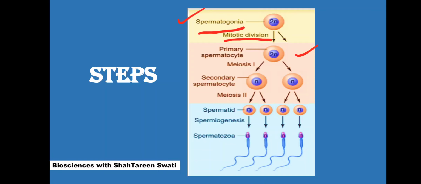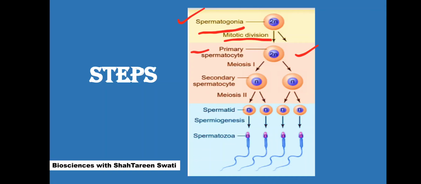Actually, students are confused about the primary spermatocyte: is it produced by mitosis or meiosis? Keep it in your mind. First, spermatogonia undergo mitosis, and the role of mitosis here is to increase the number of spermatogonia, primordial germ cells. After mitosis, these spermatogonia mature, meaning grow and develop, and form the primary spermatocyte.